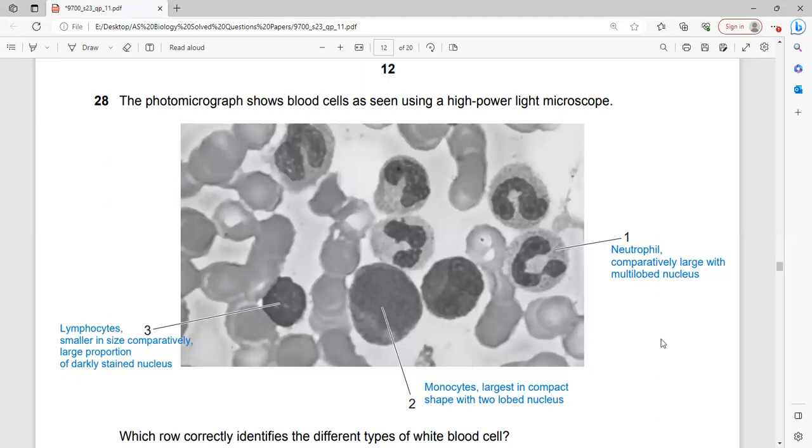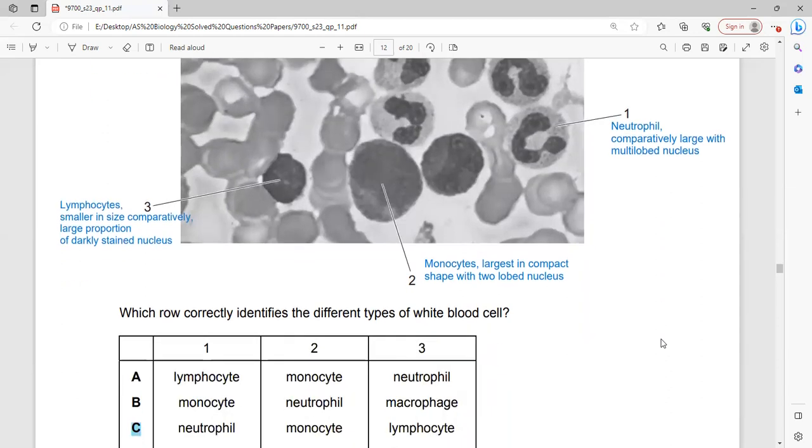While lymphocytes are comparatively smaller cells among white blood cells, and they contain a dense, large proportion of nucleus. So these are lymphocytes. You need to identify number one as the neutrophil, number two as the monocyte, and number three as the lymphocyte. That's the correct option.